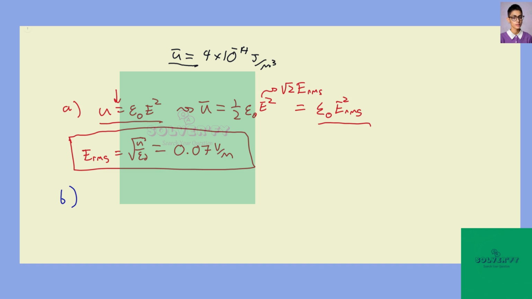And that means that we want to take the average intensity formula, which relates an average power with the area. So in this case, 4 pi r squared, because we want to find a distance.